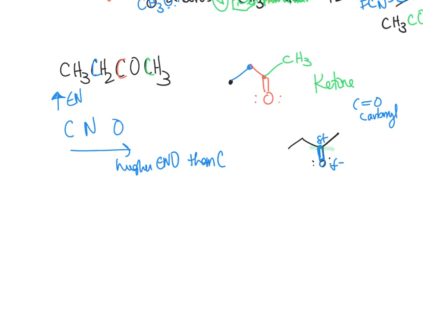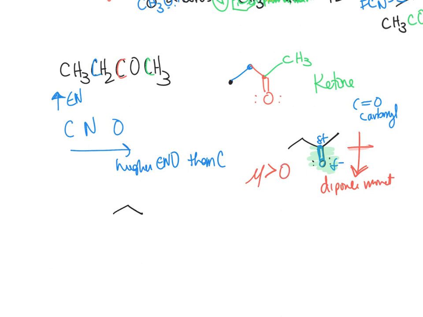You could see that your electron cloud would be towards the oxygen, so you could do a partial positive there and a partial negative, or you could write the dipole moment this way. Now, if it has a dipole moment, this is mu, and you would say greater than 0.